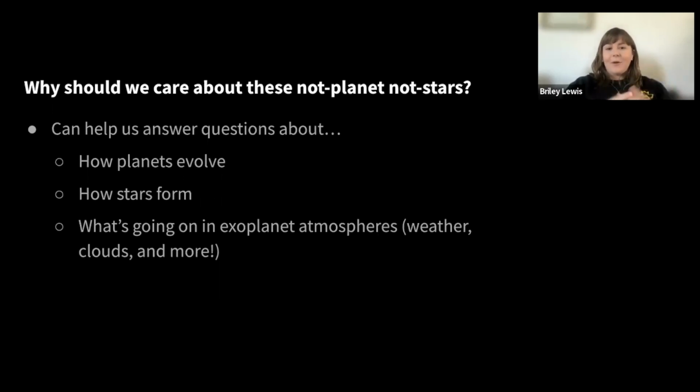So we look at brown dwarfs to get an idea of how these different things form and also what the atmospheric chemistry and motion is for a big ball of gas.